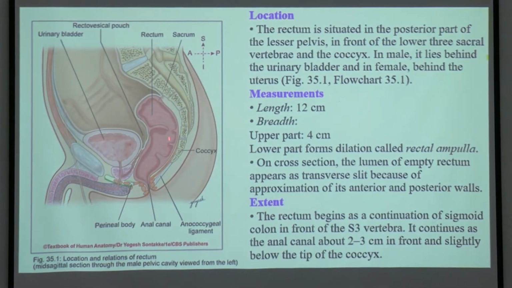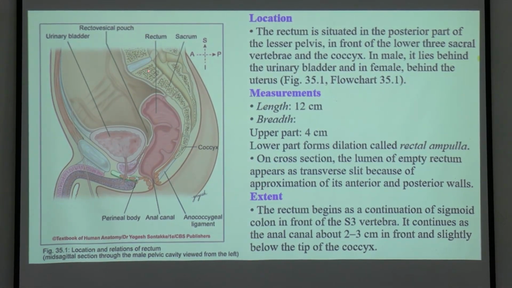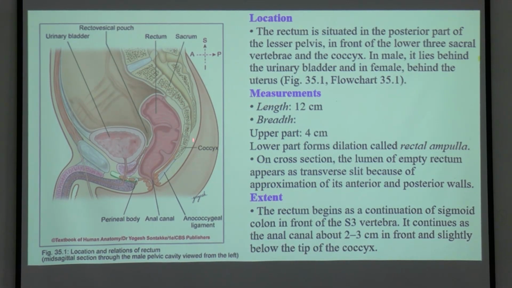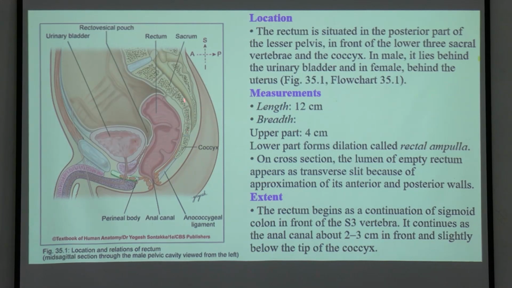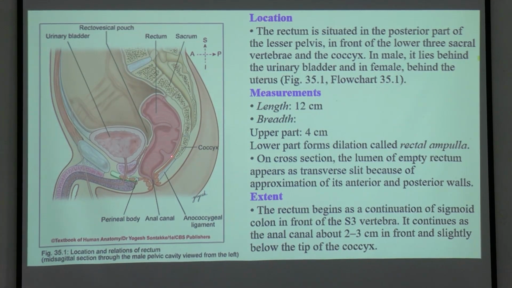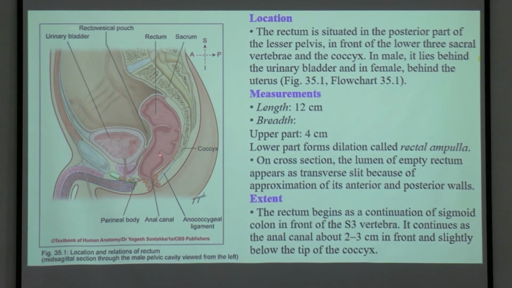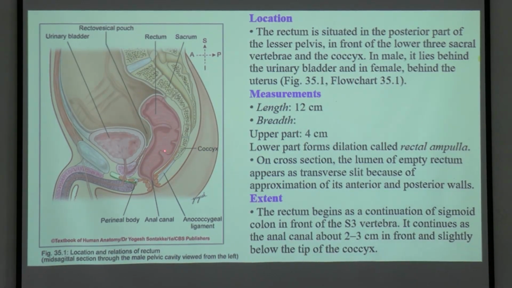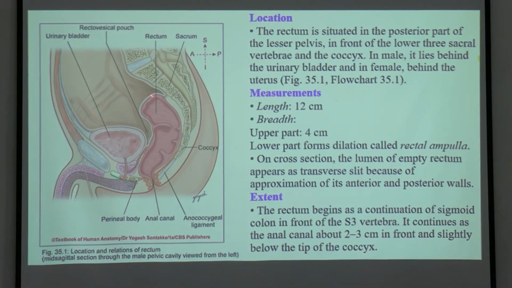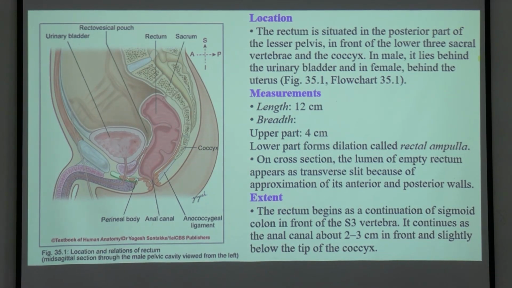It is continued from the third, fourth, fifth piece of the sacrum and the coccyx. And half inch below and 1 inch in front, there is a sharp turn. It is continued as the anal canal. So this is rectum and this part is the anal canal.